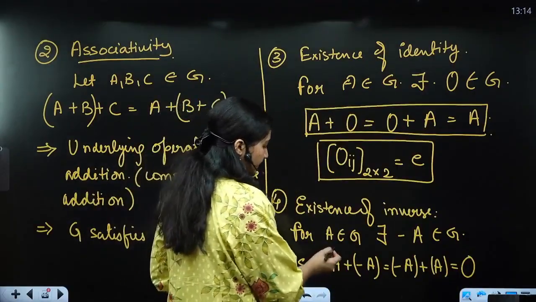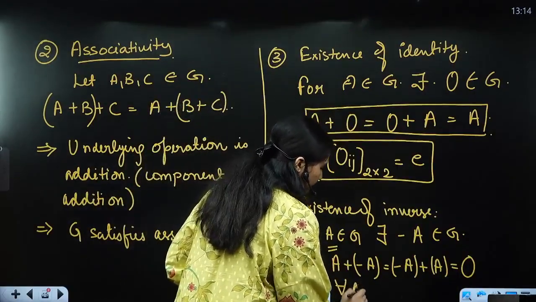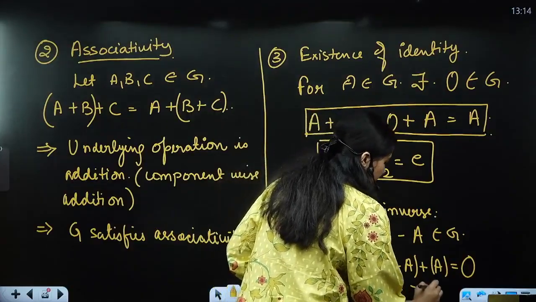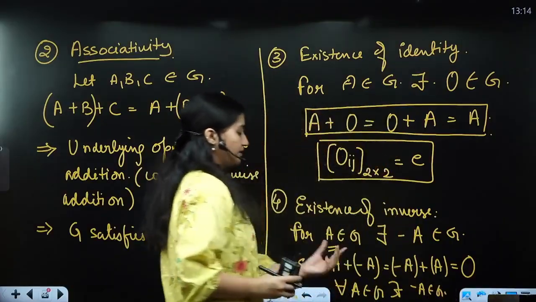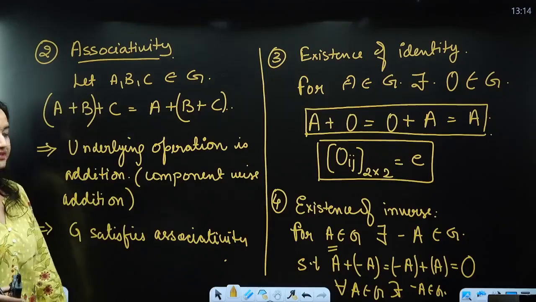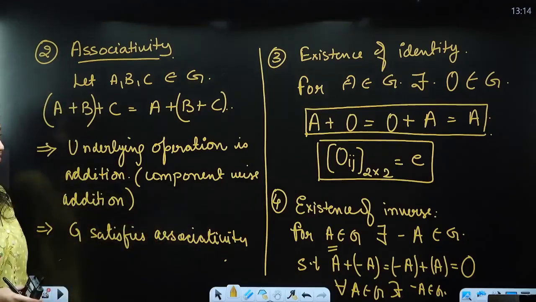So for all A belongs to G, there exists minus A belongs to G, and minus A is going to be the inverse of the matrix that we are talking about, that is an element of the G.